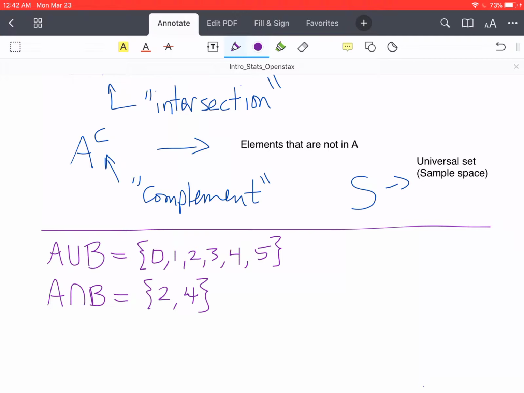And then A complement: all the values that are not in A. There's only one value out of all of these that's not in A, and that would be 0. That's the only value in A complement. B complement, all the values that are not in B, would be 1, 3, and 5.